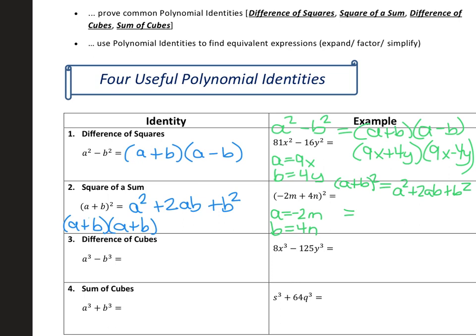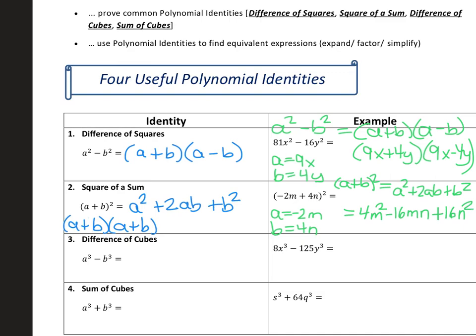So I can rewrite our square of a sum here as negative 2m squared, which would be a positive 4m squared, twice their product, and their product is negative 8mn. So twice that product is negative 16mn, and then add the square of b, which would be plus 16n squared.